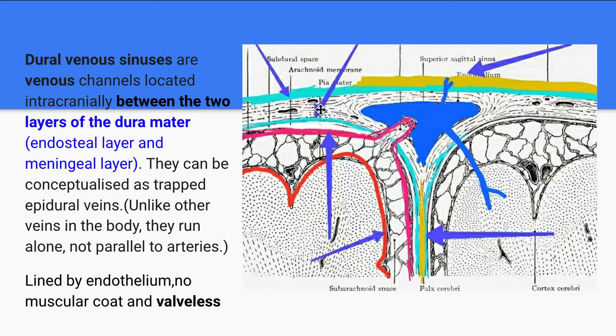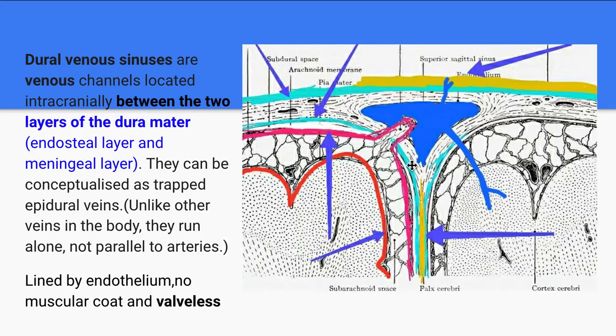The dura mater was further subdivided into two layers, the outer endosteal layer and the inner meningeal layer. These two layers are firmly adherent at all places except where they split to enclose the dural venous sinuses.